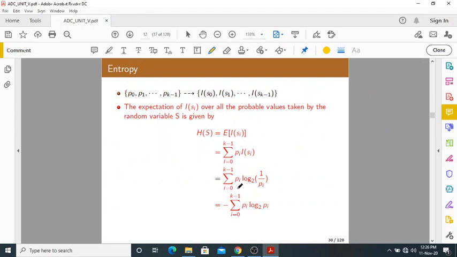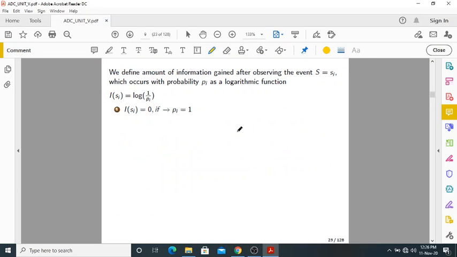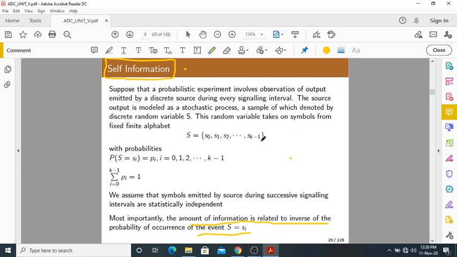Now, let us move on to another topic, that is called entropy. It is very, very, very important. Okay, you take it as star. Very, very important. Entropy. Okay. Now, here I will take a source, capital S. It is emitting a symbol at regular intervals of time.